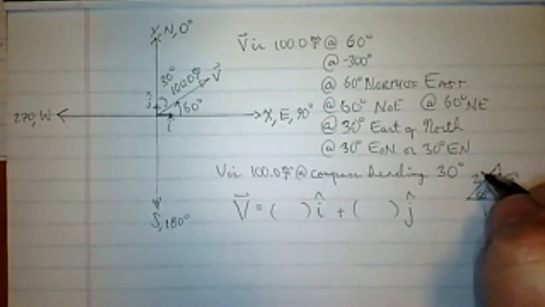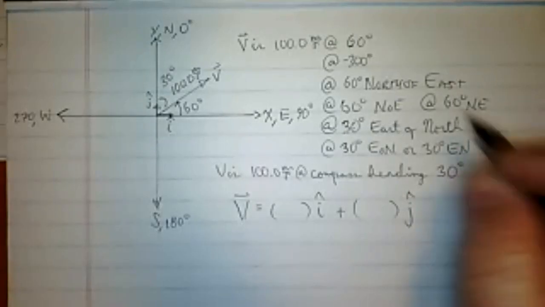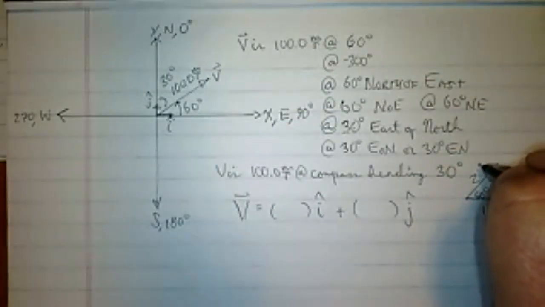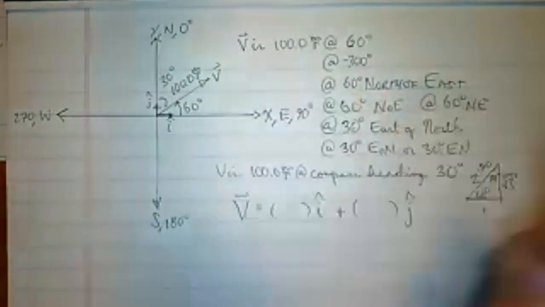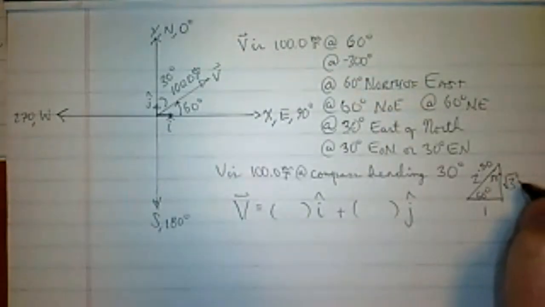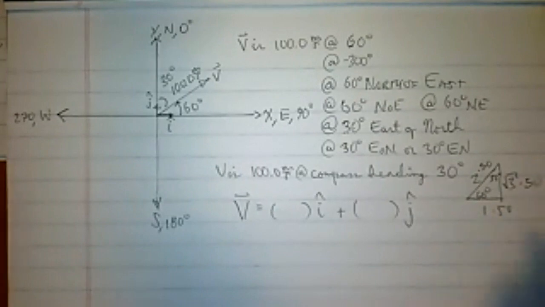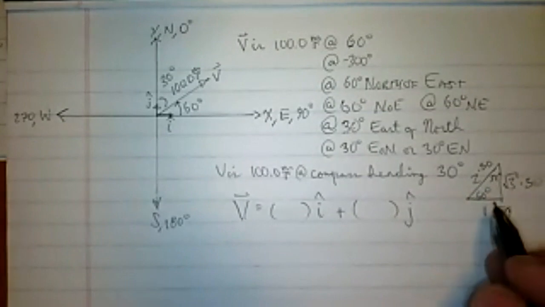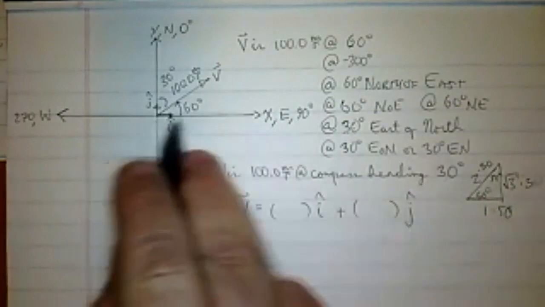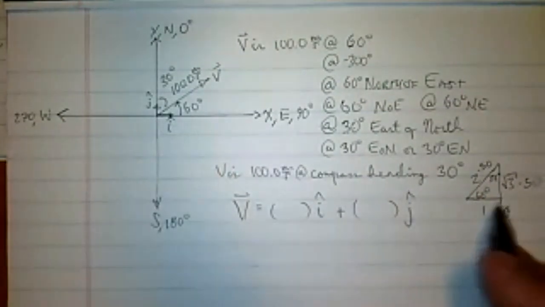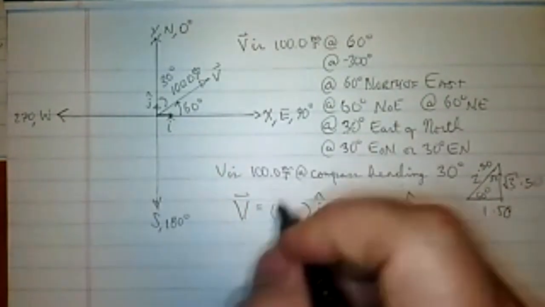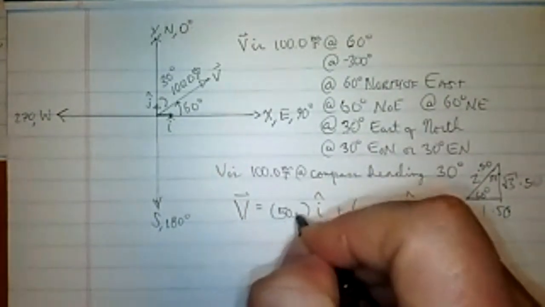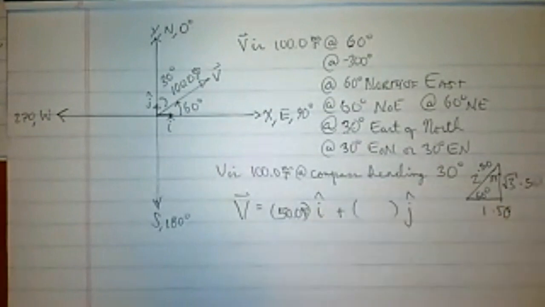So ours is like that in that we took the 2 and multiplied it by 50 to get the 100. So if I multiply each of these by 50, then I could actually figure out what the individual components are. So obviously the X component is this part right here. That's 1 times 50. So that would be, in fact, 50.0 meters per second.